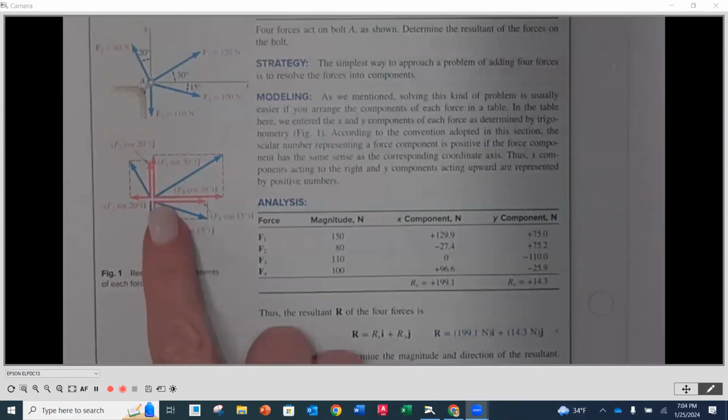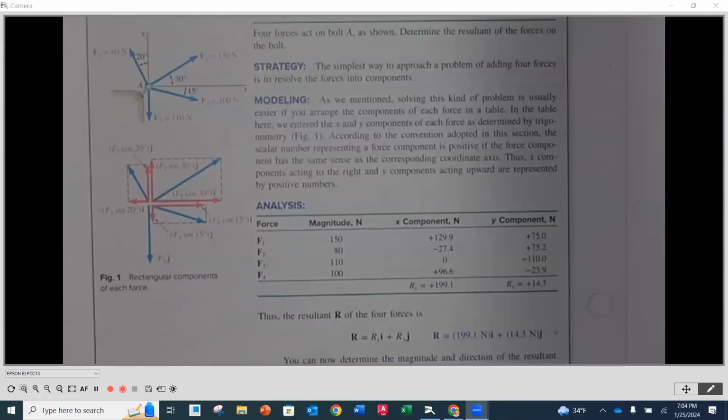Notice that we're going to be adding X and Y components here, so it's going to be adding to our drawing. So we need a lot of room. And then we're going to calculate the magnitudes of each one of those components, and we're going to give it a sign. That means we're going to start using what we call a convention. So we're going to apply a convention to these, giving it a positive and a negative value.